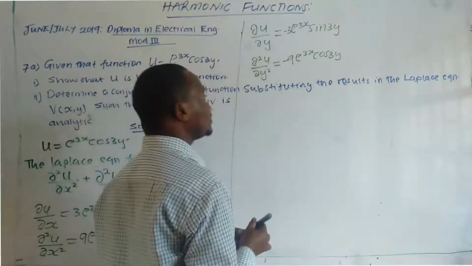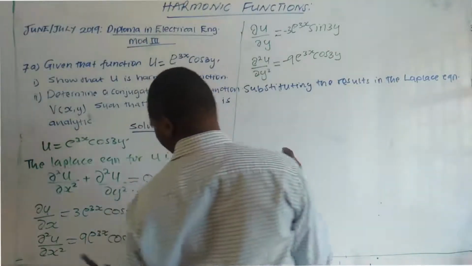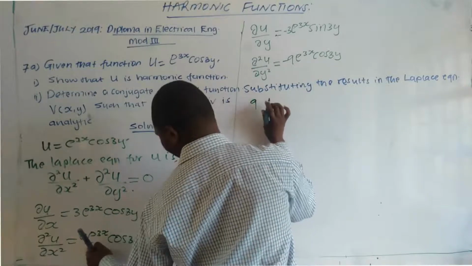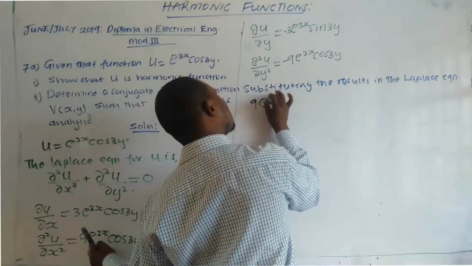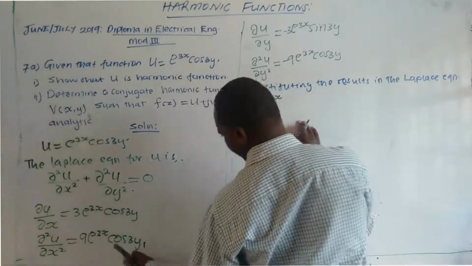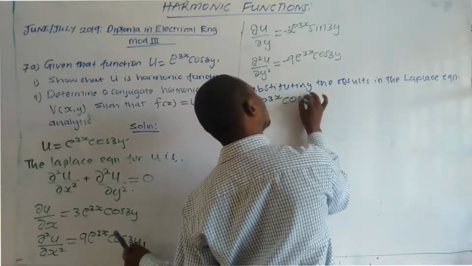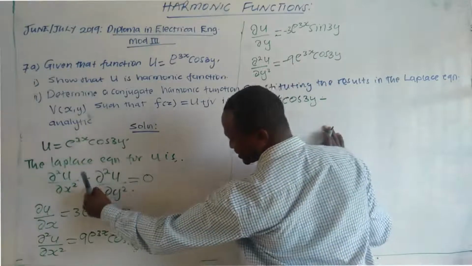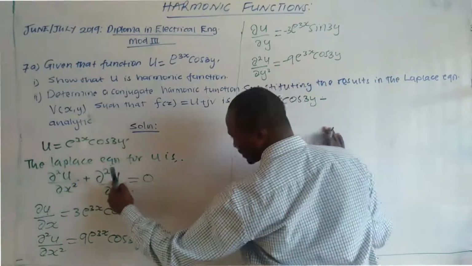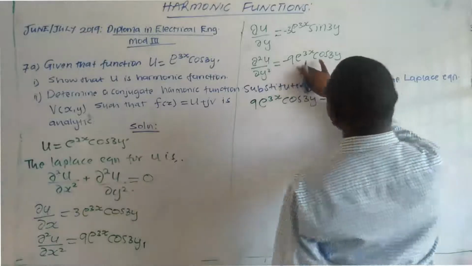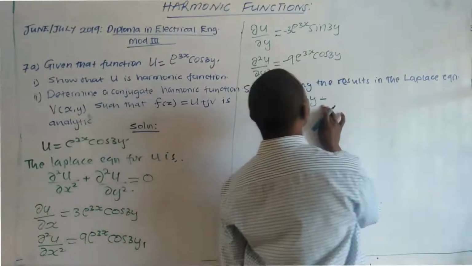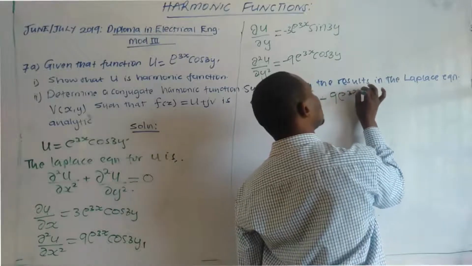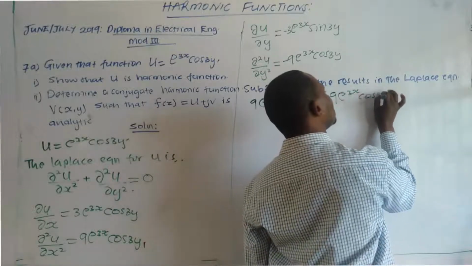So we have 9 exponential 3x cos 3y, plus the second order derivative with respect to y, which has a negative, negative 9 exponential 3x cos 3y.